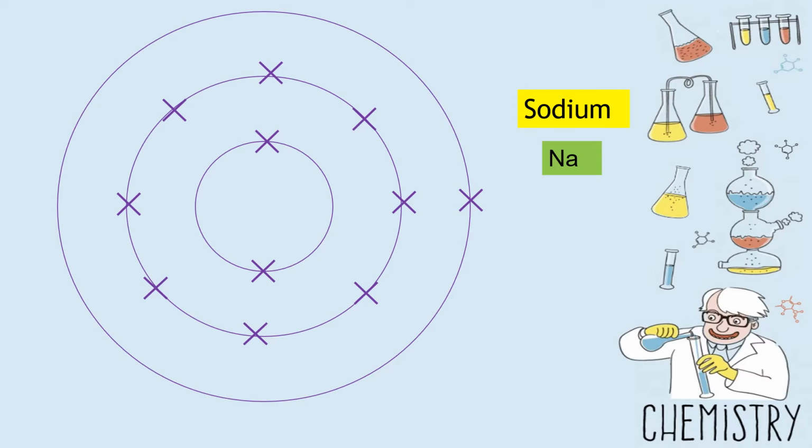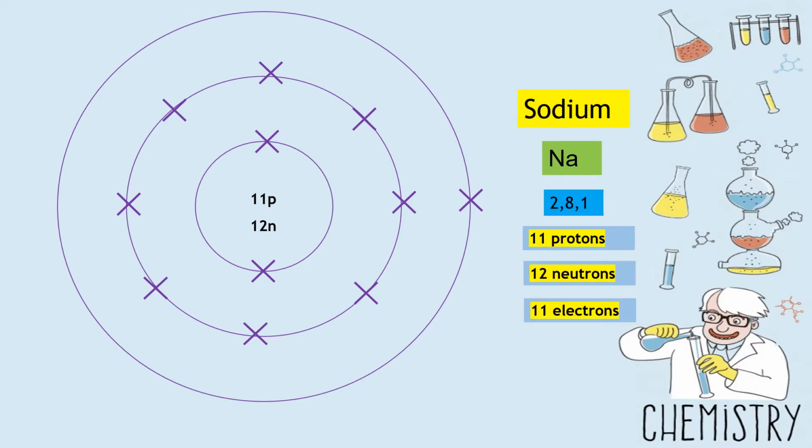Now, since sodium has 11 protons, it also has 12 neutrons and 11 electrons. The atomic number is 11, and the atomic number is equal to the number of protons and electrons.